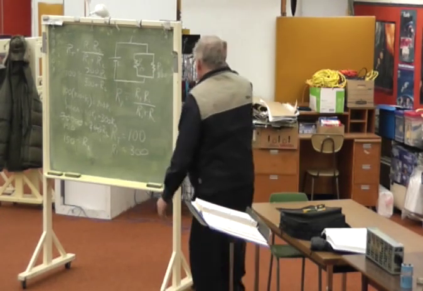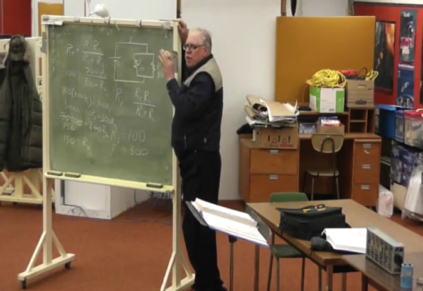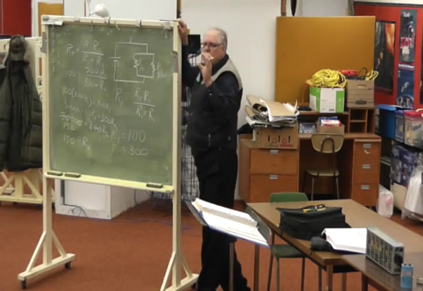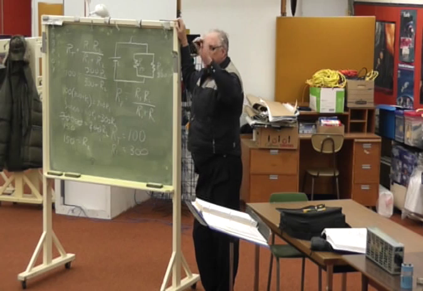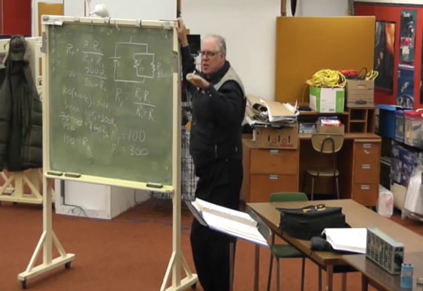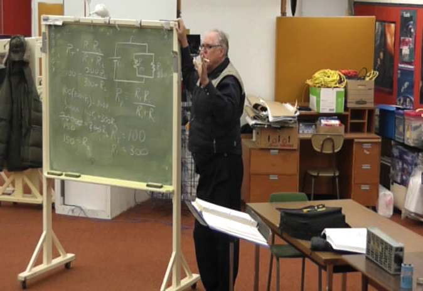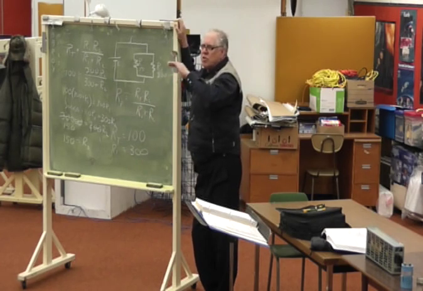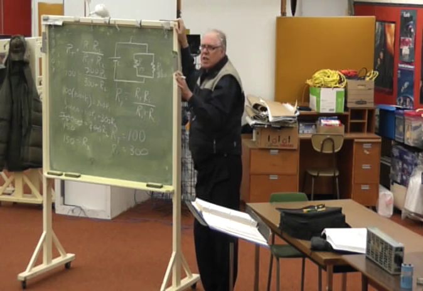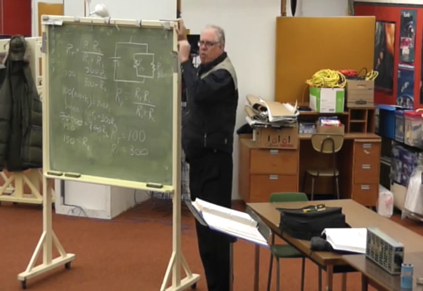It's also handy if you need to trim a resistor that's almost what you want. If it's a little bit too high, you can put another resistor in parallel with it and drop it down a little bit. So if I've got a 300 ohm resistor and I only want 250 ohms, then I put about a 600 or 700 ohm resistor in parallel with it, and the net is what I want. If you need to raise the resistance a little bit, you put a little resistor in series with it.